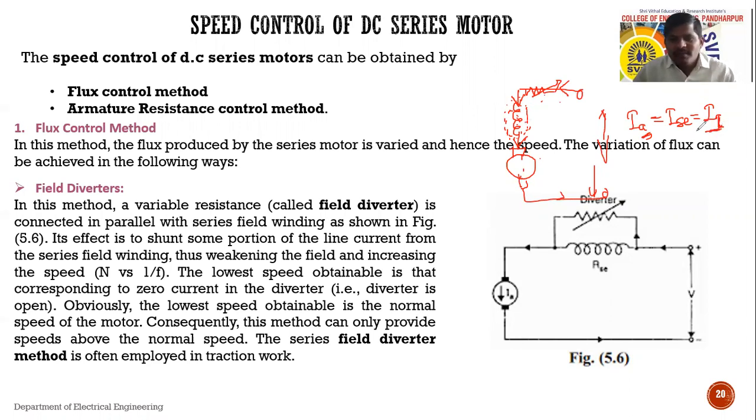All current reduce होता है ना? Yes, sir. Okay. So see, if we are decreasing the value of flux, at the same time the armature current it will be decreases.